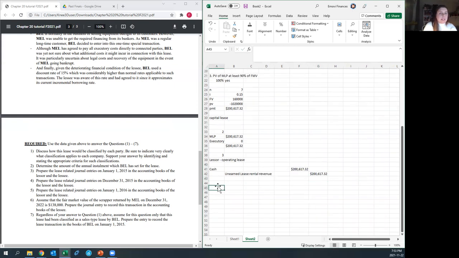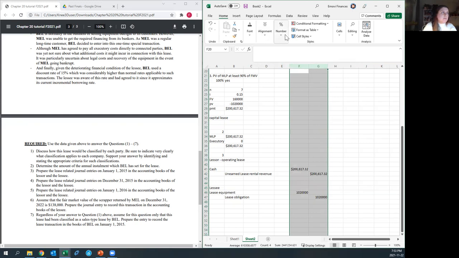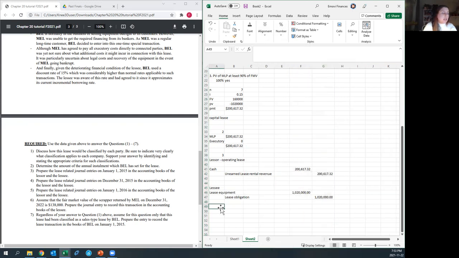For the lessee, they have a lease equipment and lease obligation. The lease equipment is the fair market value, $1,020,000, same amount here. And then they're doing their first payment on January 1st.